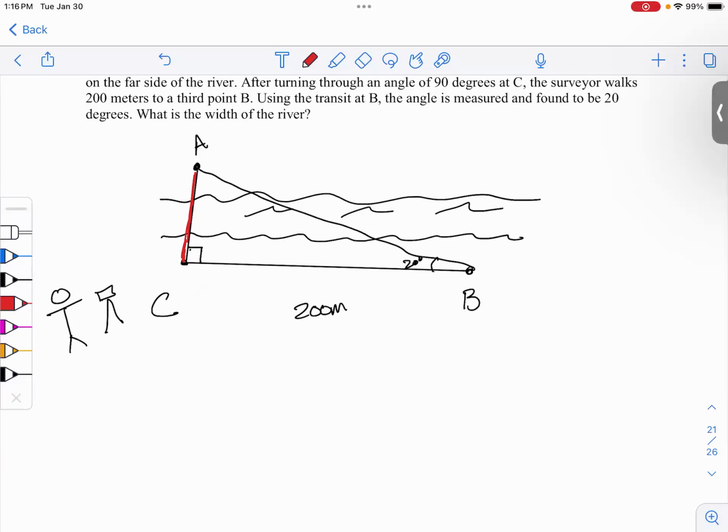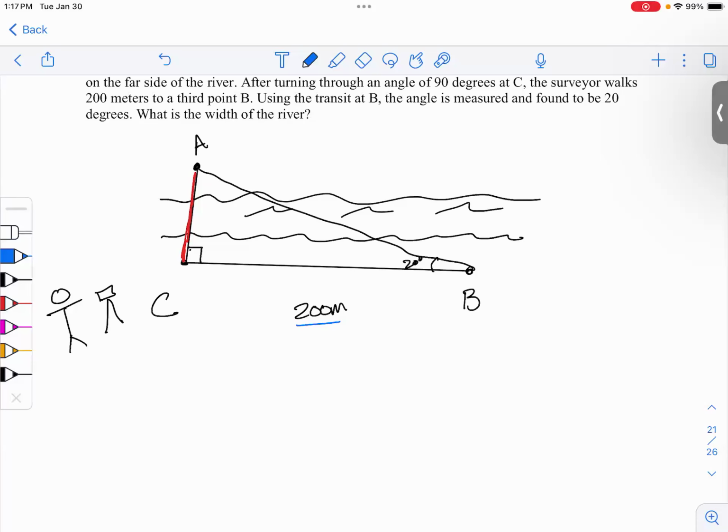So if I know this side down here, and I'm looking for that opposite side in red, what trigonometric function relates an angle, an adjacent side, and an opposite side? Yeah, TOA, opposite, adjacent. So I can relate this with tangent, and that's all this ever is.